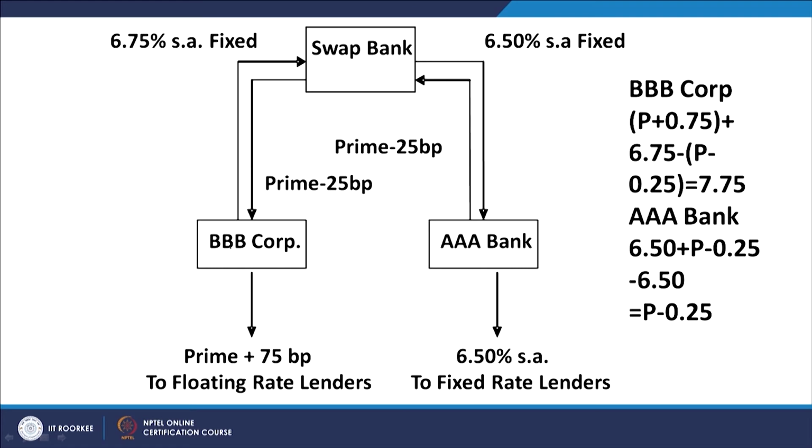So, no change, but it is also paying prime minus 0.25% to the swap bank. So, its net cost is prime minus 0.25%. So, the net cost of both the parties is BBB 7.75% fixed and AA prime minus 0.25% floating, and swap bank gets a cut of 0.25%.